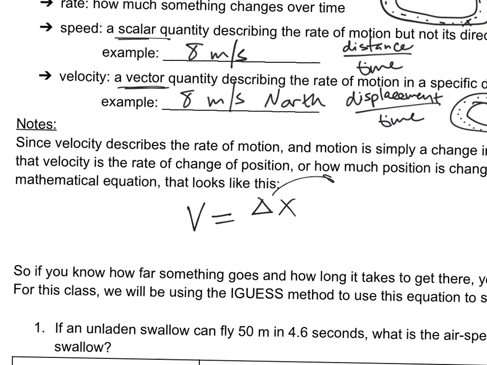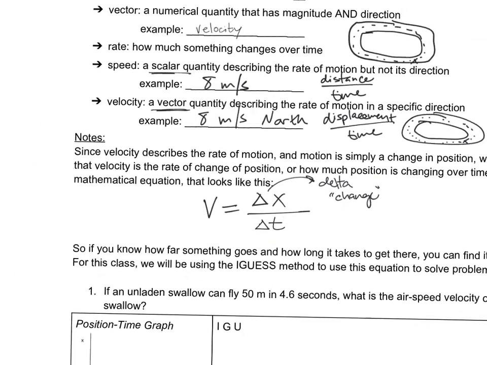That's the Greek letter delta, and it means change. So velocity is change in position. Delta for change, x for position, over change in time, which is delta t.